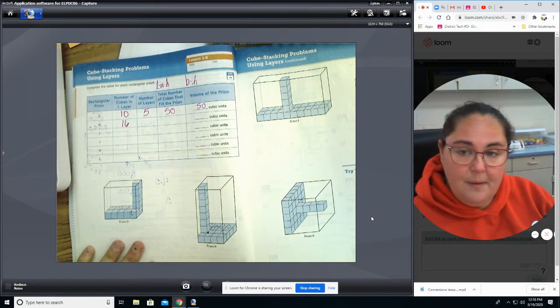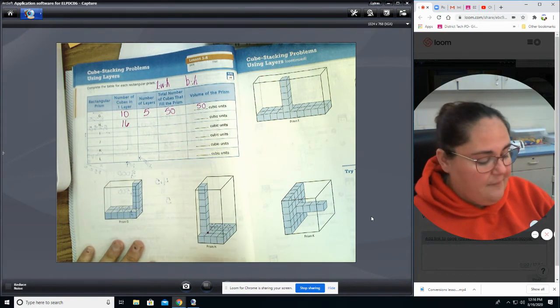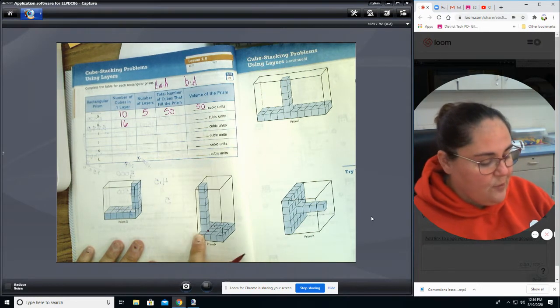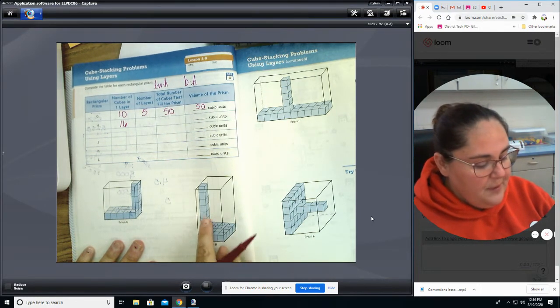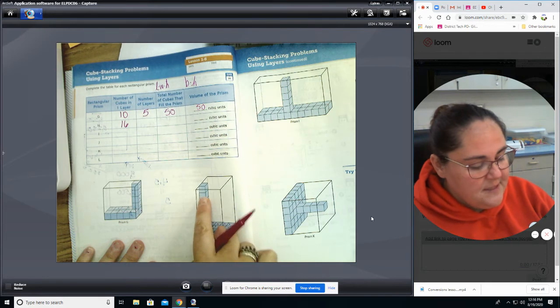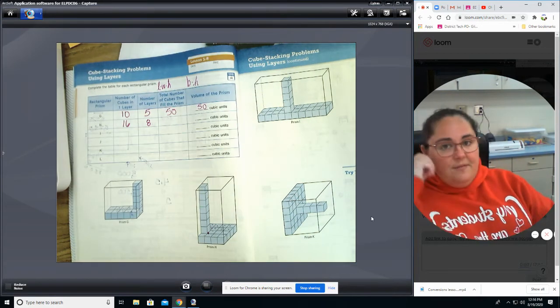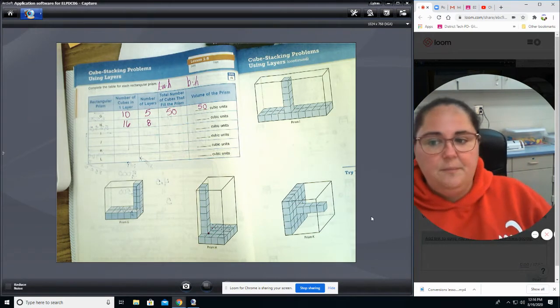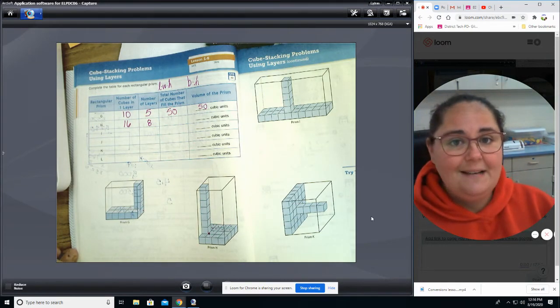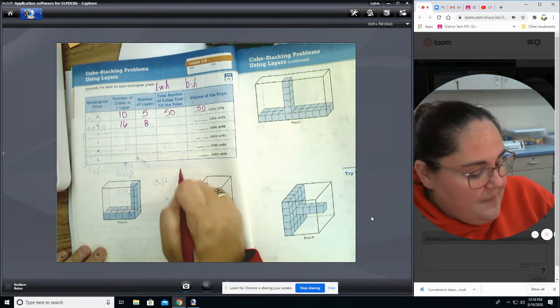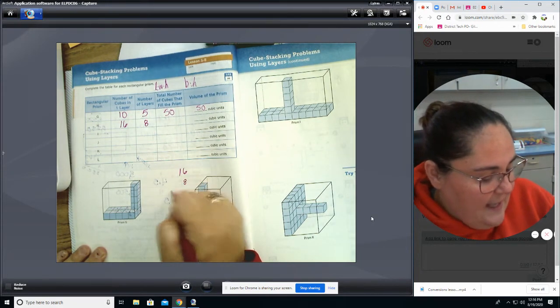Now my height, remember, it's just as if it were a building. I have my bottom floor. So that's floor 1, 2, 3, 4, 5, 6, 7, 8. So the volume of this building, or this prism, can be figured out if you do 16 times 8.